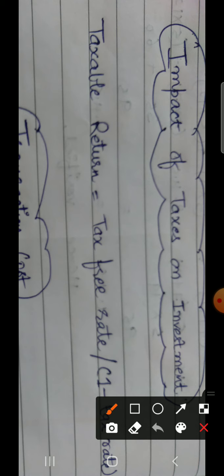for the listed securities. Similarly, interest earned on debentures is subject to tax in the hands of the debenture holder. So, in order to know the taxable return, the investor may use the formula visible on your screen, which is tax-free rate divided by 1 minus tax rate.